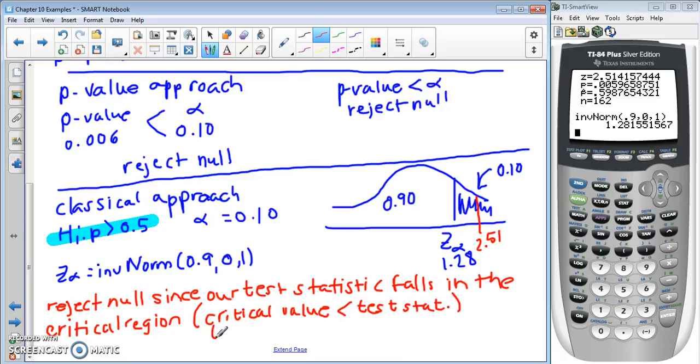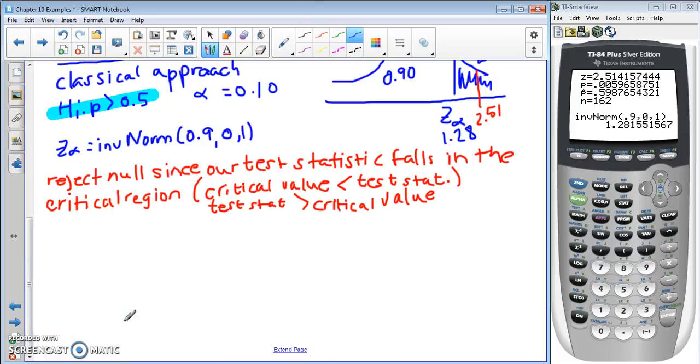Or we could say our test statistic is greater than our critical value. And that's why we're rejecting. It's easier to write that out if we've drawn out the picture to show us that. So now that we've written that out, let's write out our final conclusion in terms of the problem.